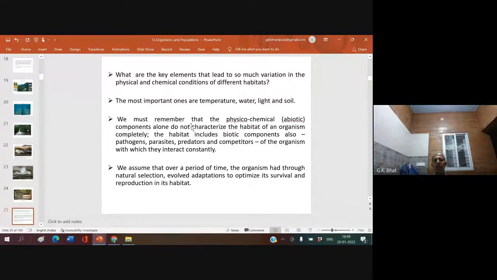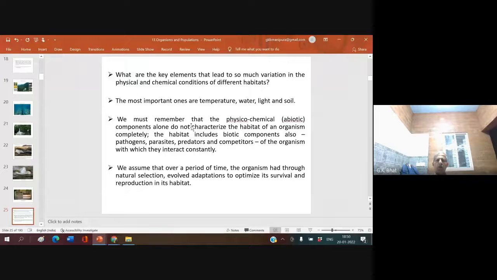We must remember that the physical-chemical components alone do not characterize the habitat of an organism completely. The habitat includes biotic components also. Biotic components include living beings: pathogens, parasites, predators, competitors. These together constitute the biotic component.